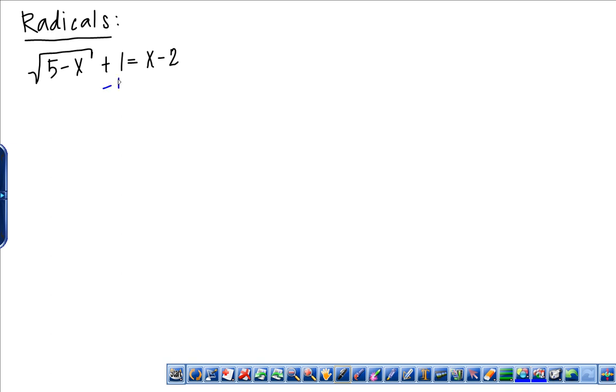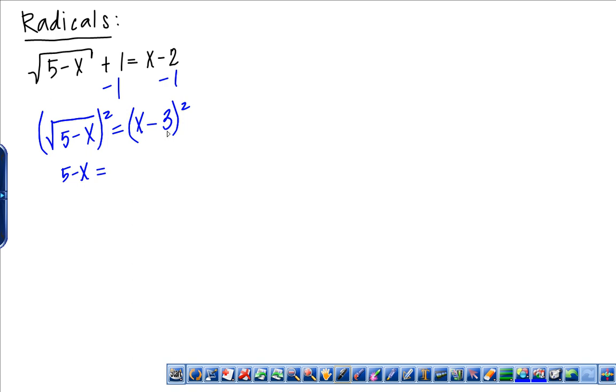How about we get rid of this 1 first? So this would be the square root of 5 minus x, and that would be x minus 3. Now let's go ahead and square it to get rid of that square root. So this would be 5 minus x.